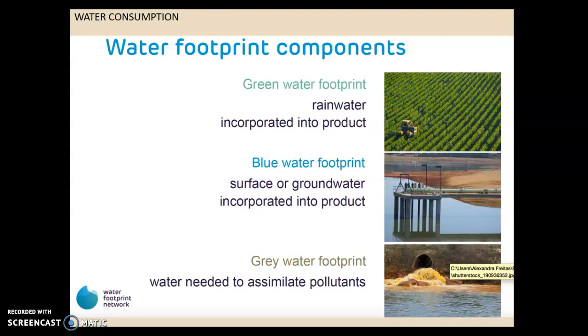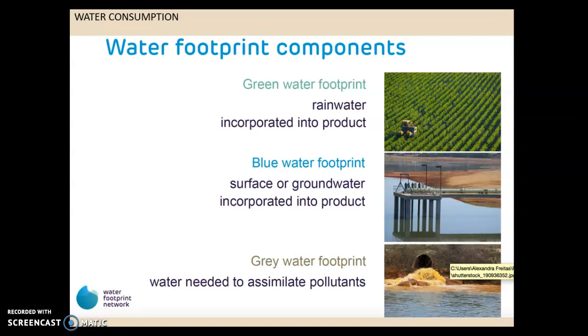Okay, so the concept of a water footprint is made up of these three things. We've got green water, so that's rainwater, which is incorporated into a product. Blue water, that is surface or groundwater, that is incorporated into a product. And grey water, so that is the water that is needed to assimilate any pollutants that are created during the process of production.